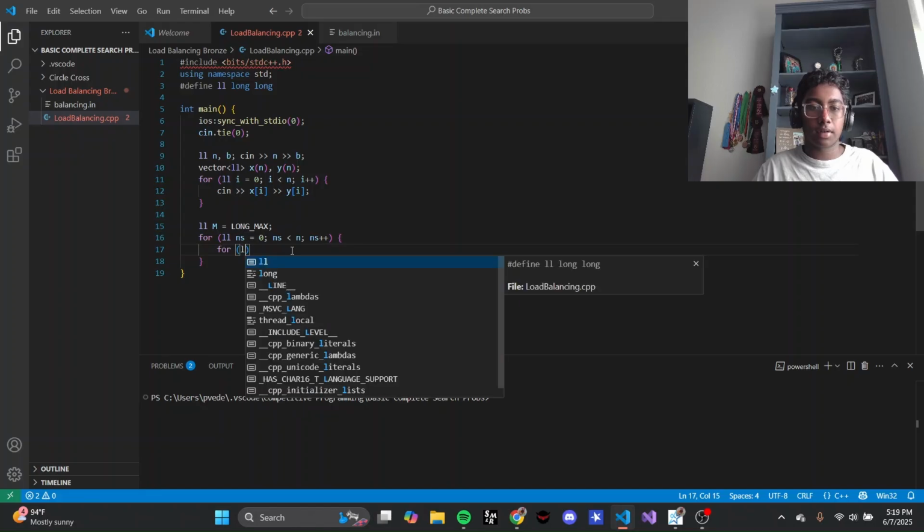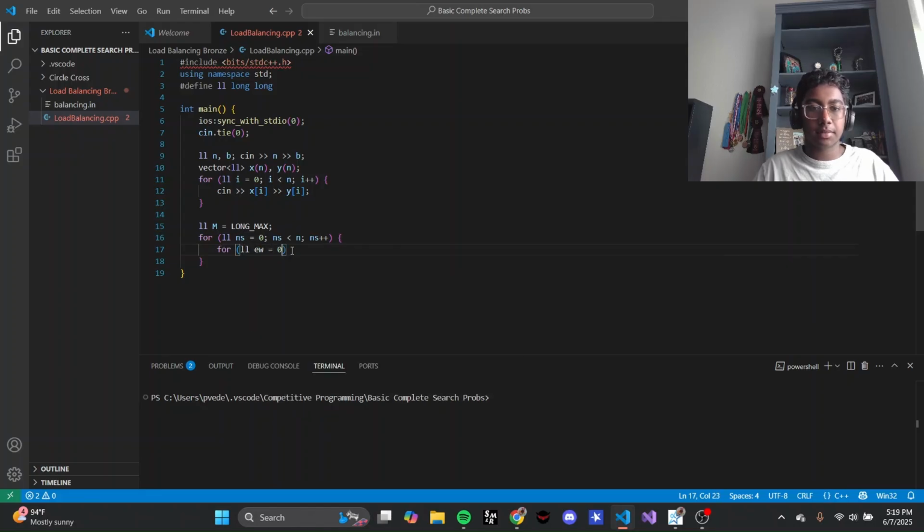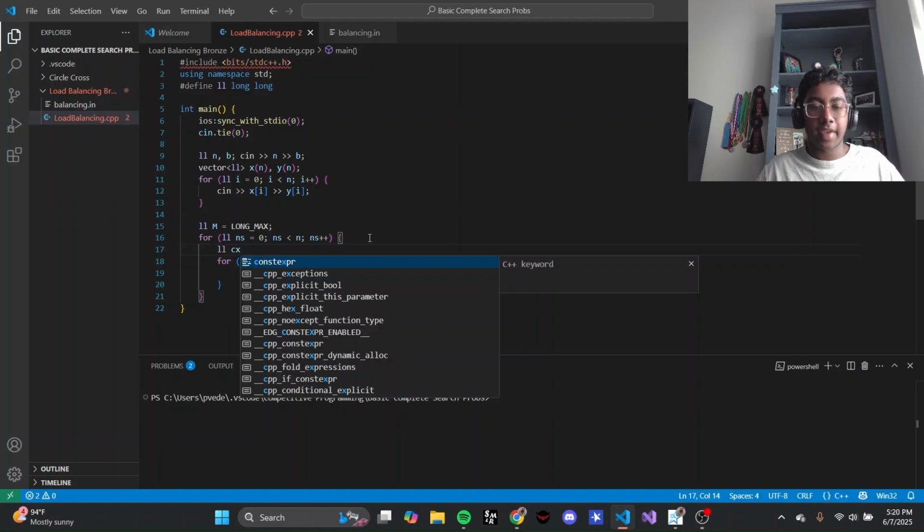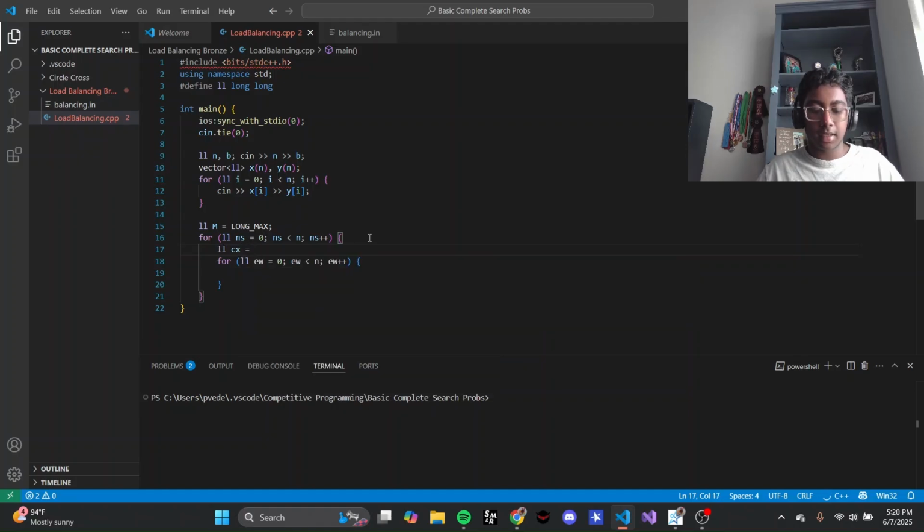Next, we're going to have our east-west fence. I hope you see how this gives us all the combinations. If you're going from 0 to n for the north-south fence, then at this position the current x for the fence is going to be x of I plus 1.